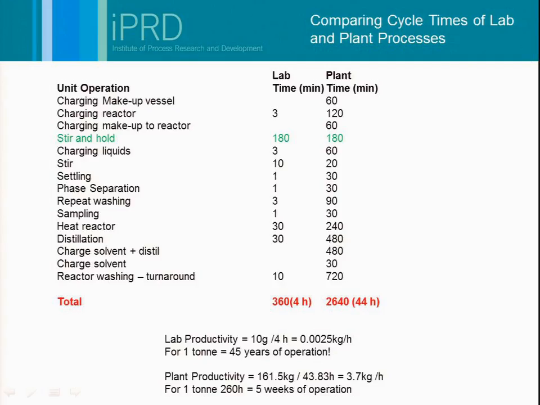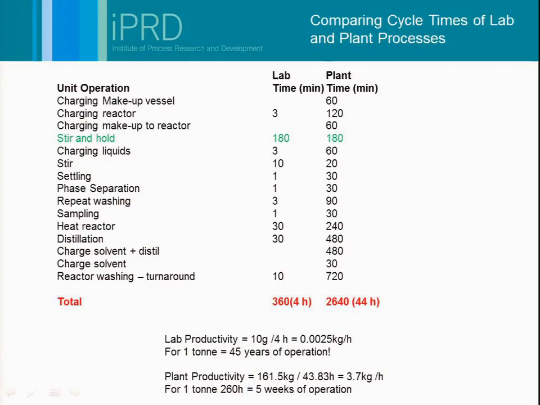If we scale that up, now it takes much longer to add materials together into a large vessel. So, whereas it was taking 3 minutes, it now takes 60 minutes or 120 minutes to add those materials together. The reaction time is exactly the same because the kinetics are the same. The charging of the liquids takes much longer.